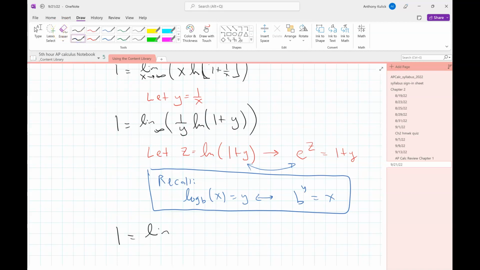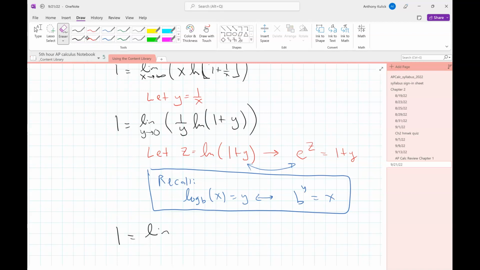When I change variables, that changes to y going to 0. Why is that? Look at this. What happens when x goes to infinity? y goes to 0, right? Everybody's okay with that?